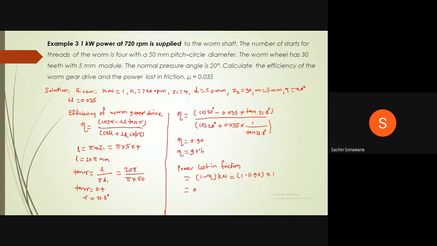Is it correct? 0.1 kilowatt, which is equal to how many watts? 100 watt. 100 watt is the power lost in friction. This is the solution of the problem. Now we will see the next problem. Please write down.